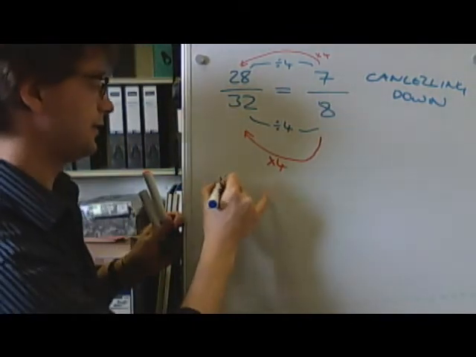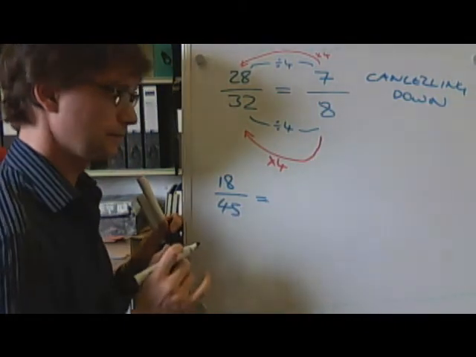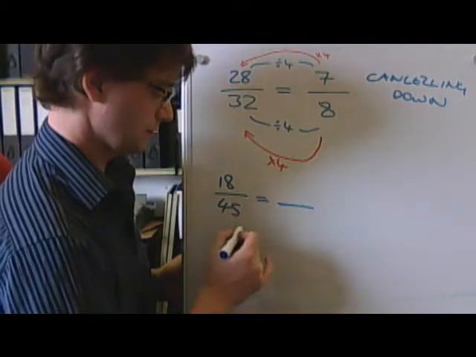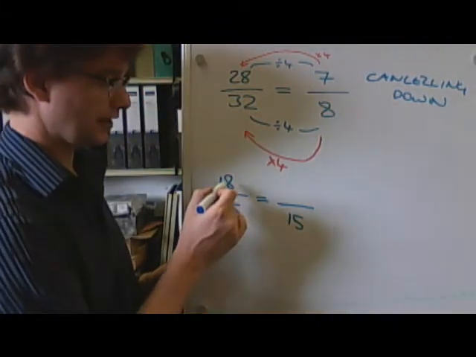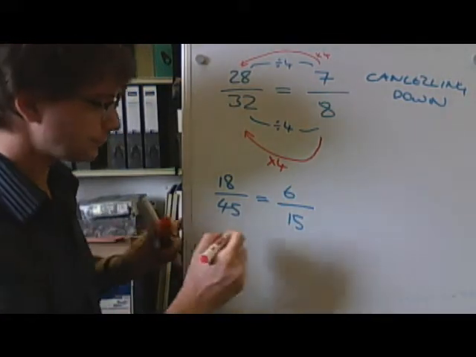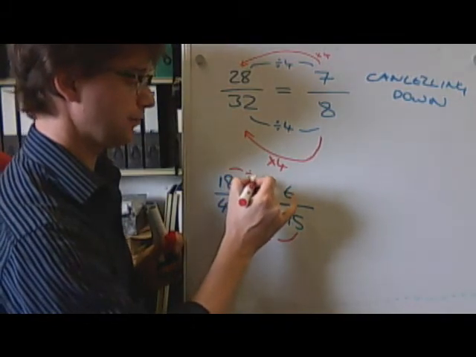So something similar, 18/45. Well, I reckon I can get 3's into 45. And I can get 3's into 18 as well. Okay. Divide by 3. Divide by 3.